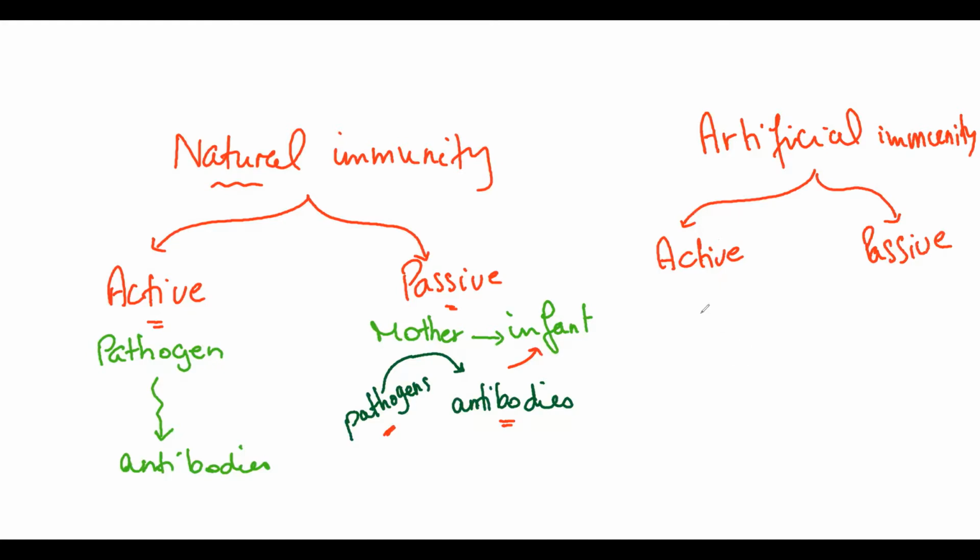What's the difference between both? Active is vaccination. Now, what is vaccination? It means that I am introducing a pathogen inside the body in order to trigger the formation of antibodies.